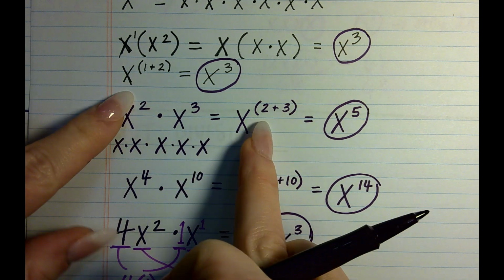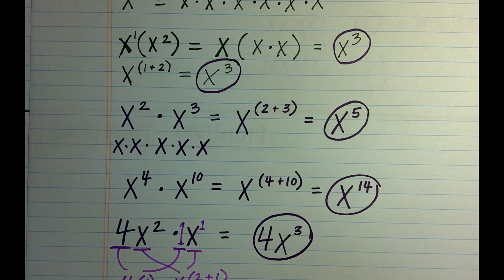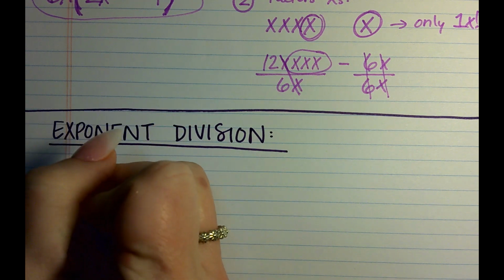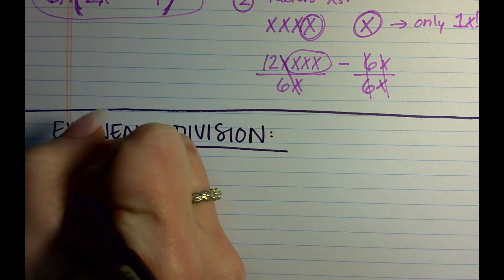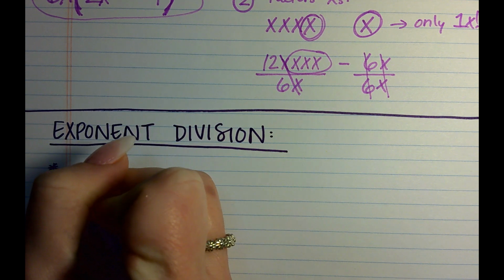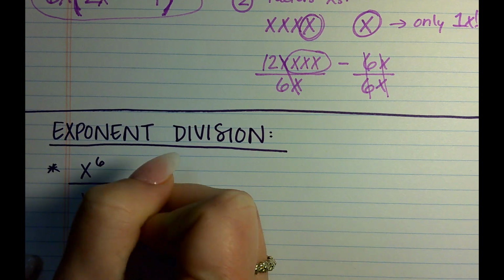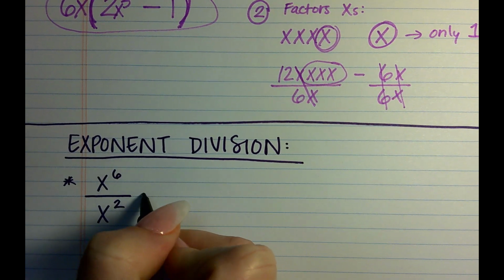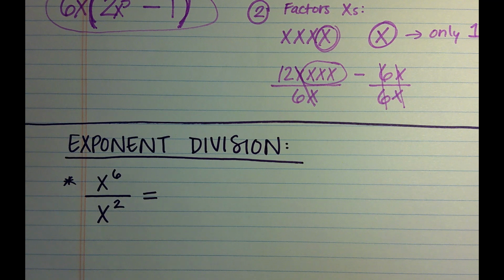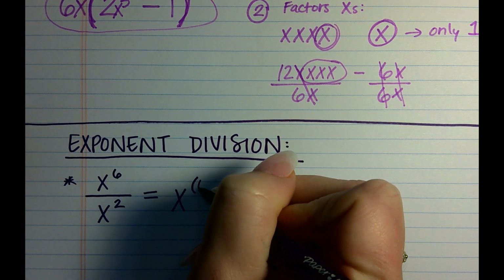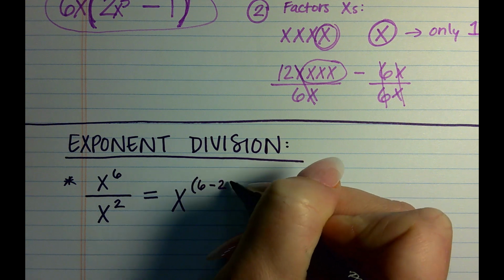So if we add when we multiply, we're going to subtract when we divide. If I were to give you x to the sixth power divided by x to the second power, this would be the same thing as x to the 6 minus 2.